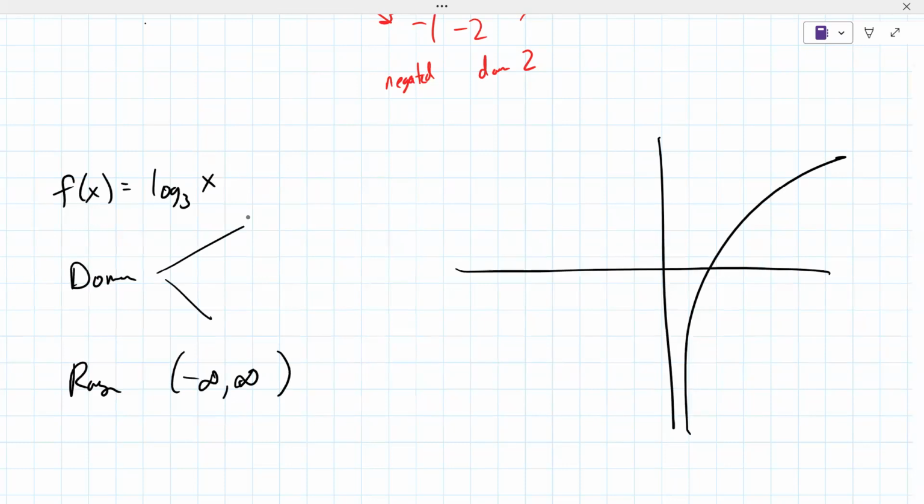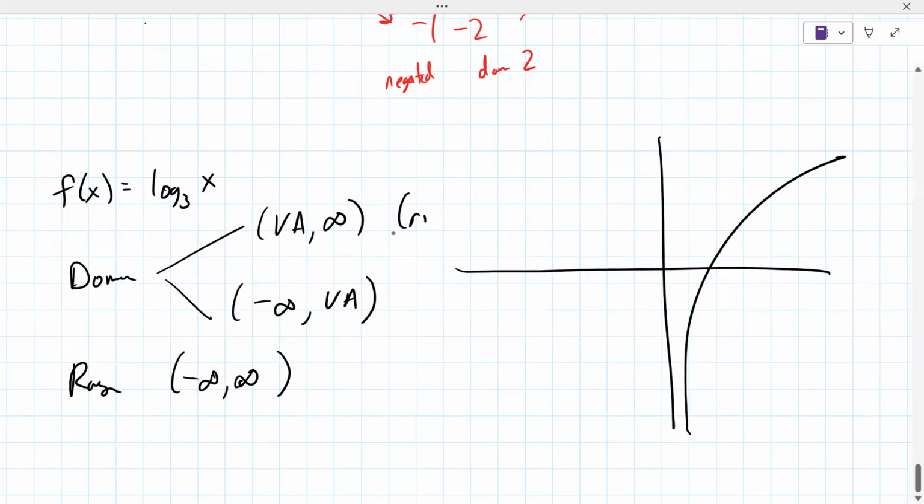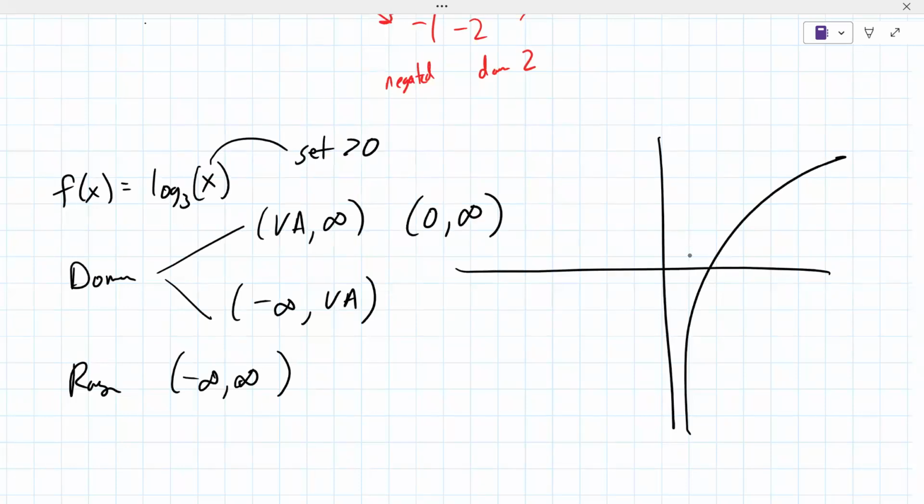So we would say from 0 to infinity. Basically, you set this inside part greater than 0.